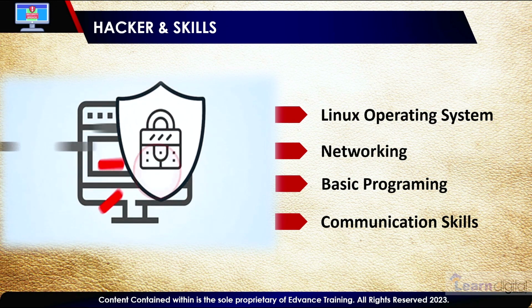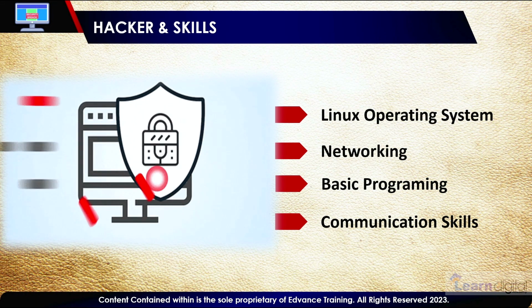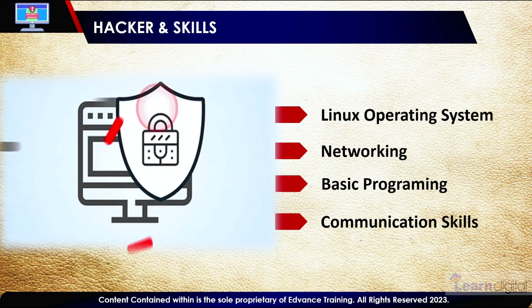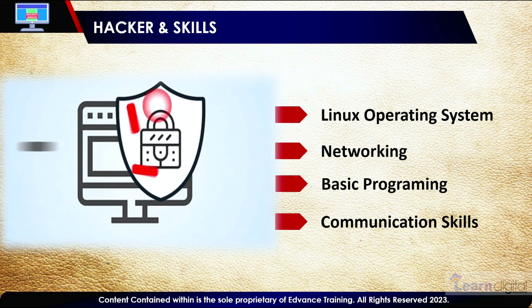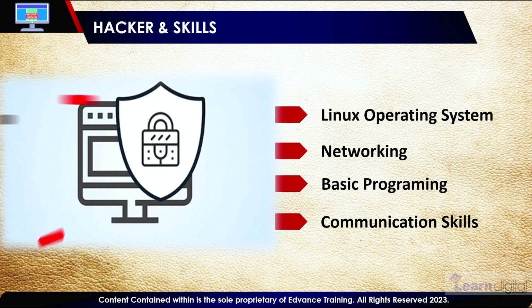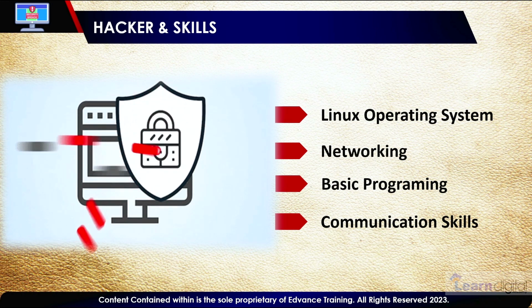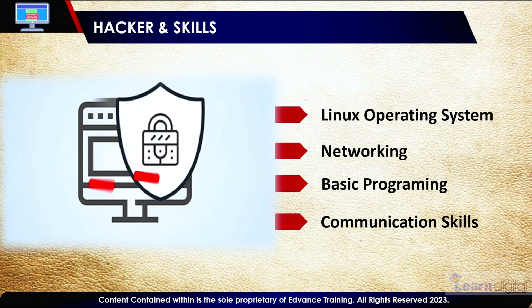Obviously, networking is a part of ethical hacking, because security is required, and networking is needed to gather information in ethical hacking. Third is basic programming. If you are not aware of basic programming, it's fine, but somewhere you will find difficulties, like if you want to hack a website, you should have some basic programming knowledge as well. And last but not least, the most important thing, communication skills.